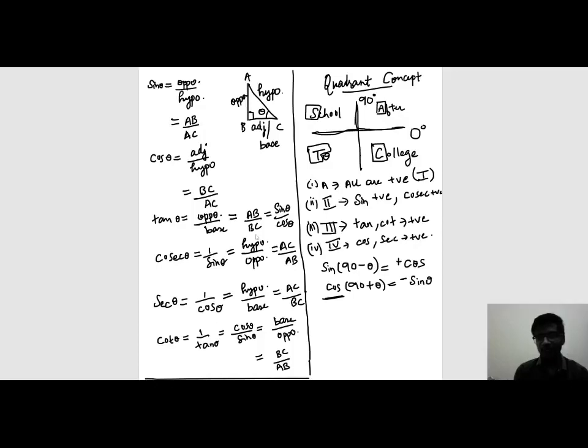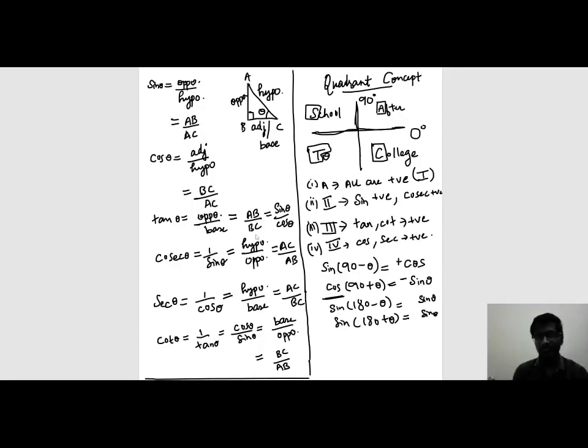But if you have even multiples of 90, like sine of 180 minus theta or sine of 180 plus theta, in that case you don't have to take the complementary, you have to write the same trigonometric ratio, but you have to take care of the sign.